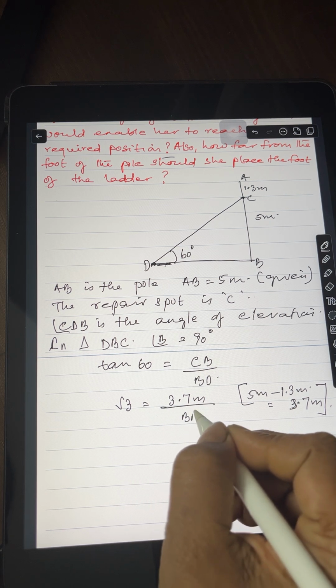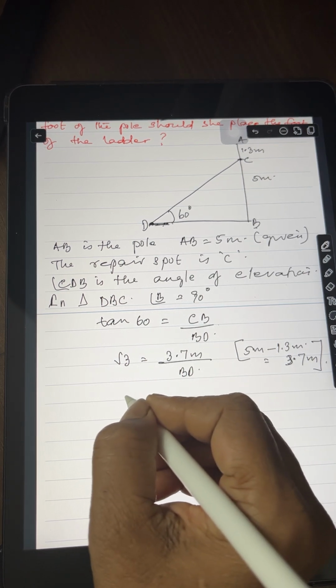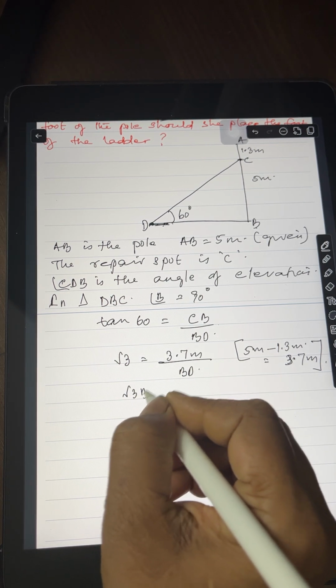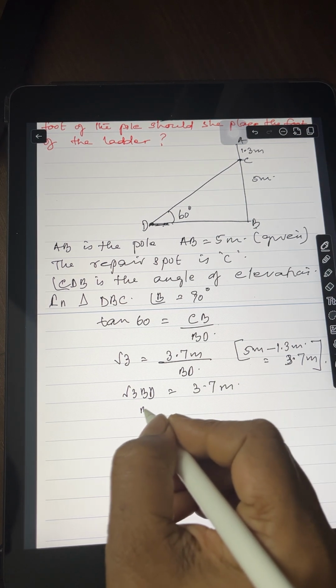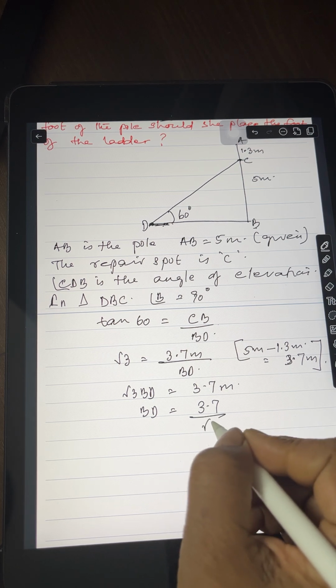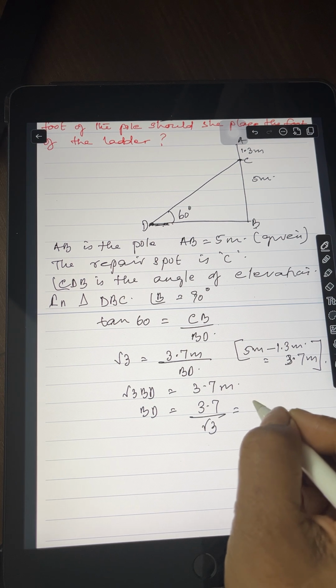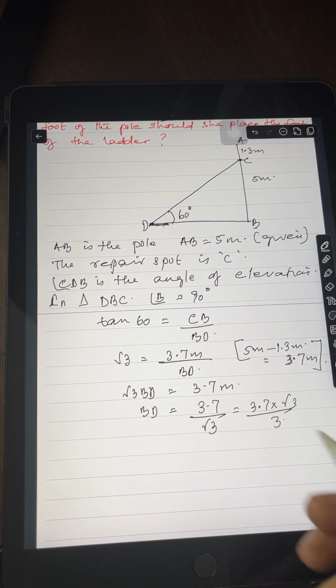BD you don't know. You will have to find out. Now cross multiply. Root 3 BD is equal to 3.7 meter. BD is equal to 3.7 by root 3 or 3.7 into root 3 by 3.